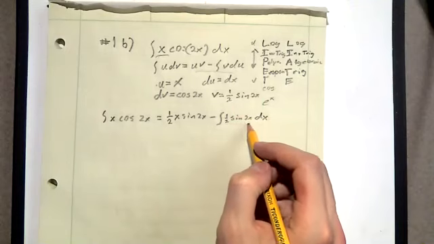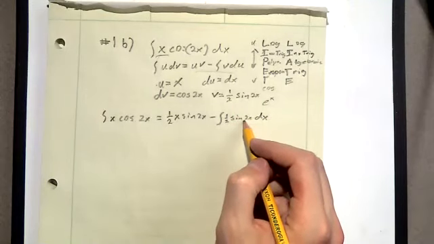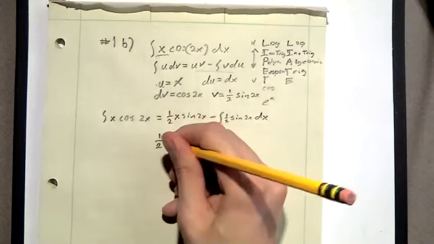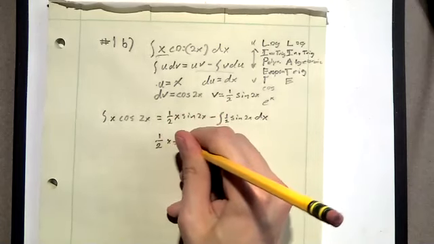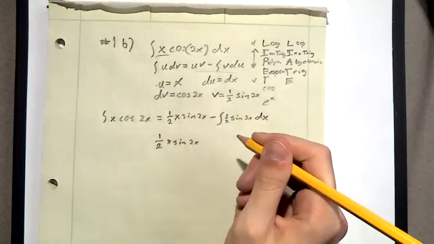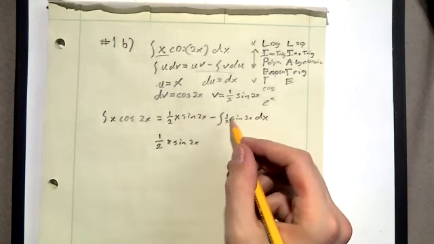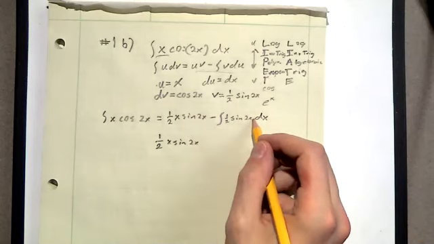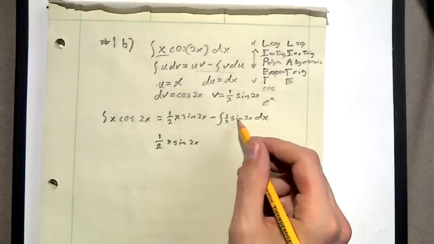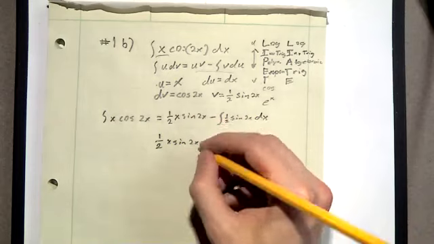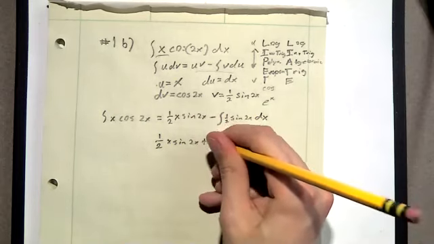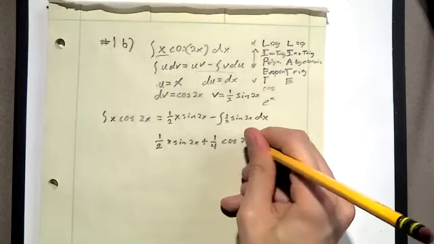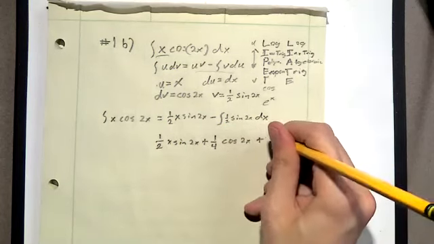We just integrate this again, and since there's a 2 on the inside, we get 1/2 x sine 2x. Since we're going from sine to cosine, we have to remember that the derivative of cosine is negative, so we'll actually get positive 1/4 cosine 2x. And lastly, plus c.